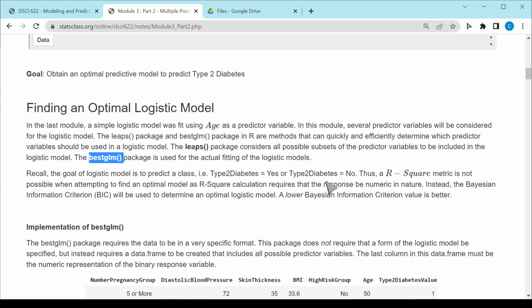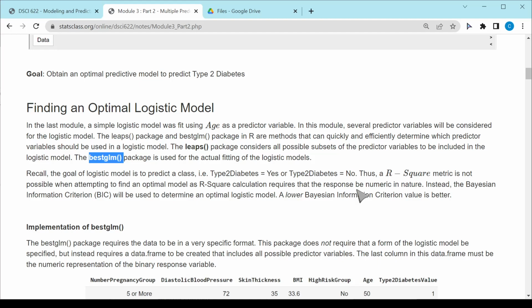When we were using leaps before, we had a regression situation where the metric that we used was the R-squared. We created a plot with the number of predictor variables and the R-squared, and we tried to find the value closest to the upper left-hand corner, if I remember correctly. The R-squared, remember, is just the correlation between the actual and the predictions.